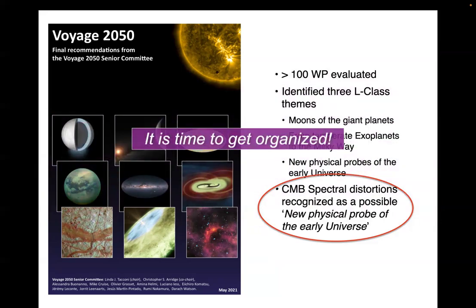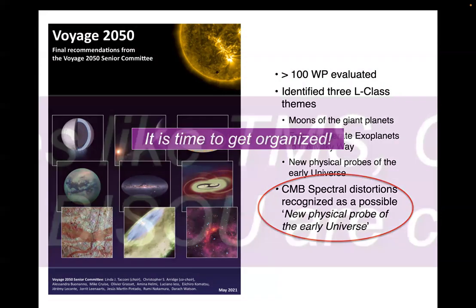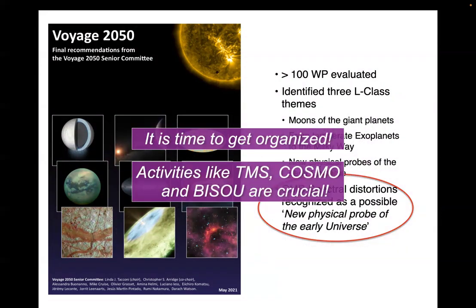But it is really time to get organized now, because space missions take a long time, and although the CMB community in particular is very actively busy with the B modes, we really need to dedicate some time to spectral distortions as well. And activities like TMS and Cosmo and Bizou are really crucial for this process. So I think these are all extremely exciting developments that we are seeing currently.